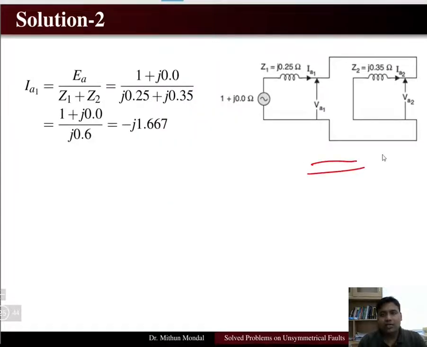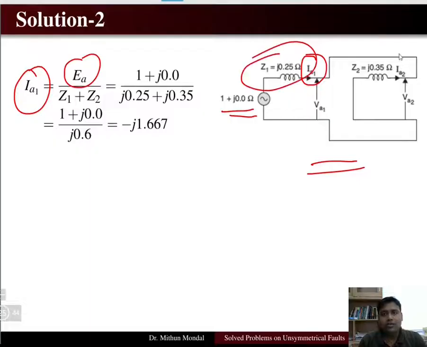This is the circuit diagram for the line to line fault, and we have to calculate the value of IA1. IA1 is the pre-fault voltage EA divided by the sum of the impedances Z1 plus Z2, because both are in series, giving the positive sequence component of phase A.